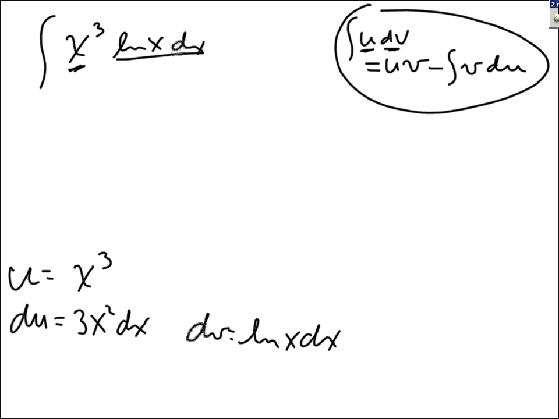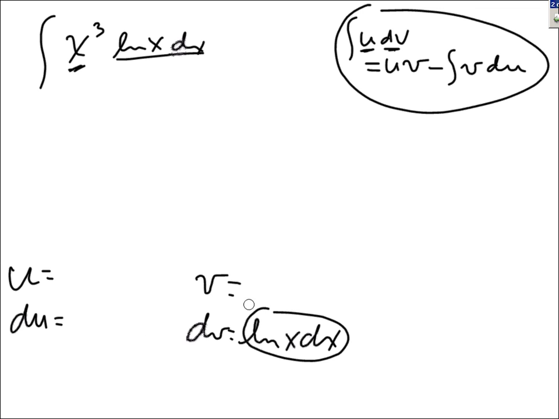The thing is I don't know v. I don't know the integral of ln of x. You know the derivative of ln of x, but I don't know the integral of ln of x. Well, that just means I'm going to switch things around. I'm going to switch what I called u and dv.